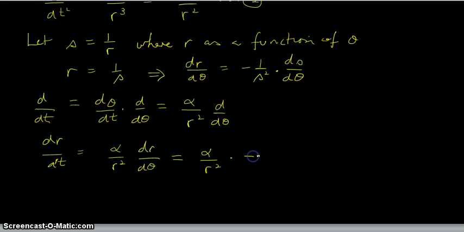And that's minus r squared times ds d theta. So we end up with minus alpha ds d theta. So we're making some progress. Next step.